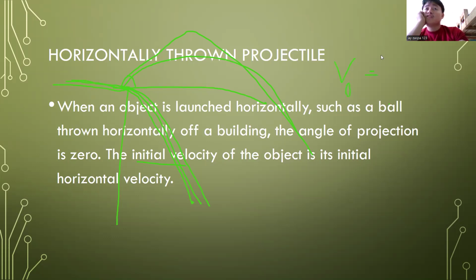Your horizontal velocity, Vx, is equal to the initial velocity of the object. They're the same. Whatever your initial velocity is, that is also your initial horizontal velocity. Okay?